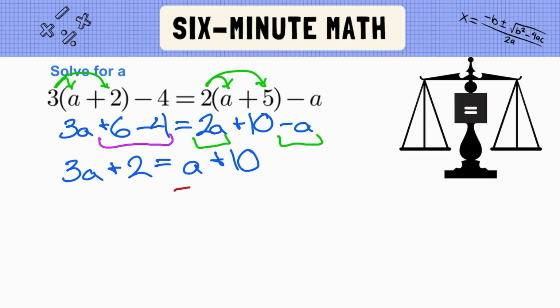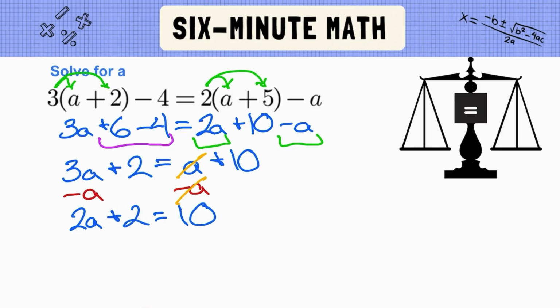I'm going to subtract an a from both sides. What that is going to do is cancel out my a's on the right side. So all of my a's will be on the left. 3a minus a is 2a. I still have a plus 2, and that is going to equal 10.